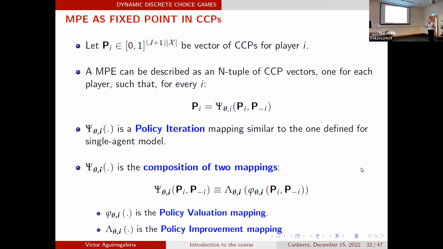And if we are in a model of market entry and exit, then the state of the game is market characteristics, market size, input prices, things that affect the profit of everybody, and then the incumbency status of each firm, whether firm 1 was in the market at previous period, firm 2 was in the market or not, and so on, okay? And that determines the vector X, okay?